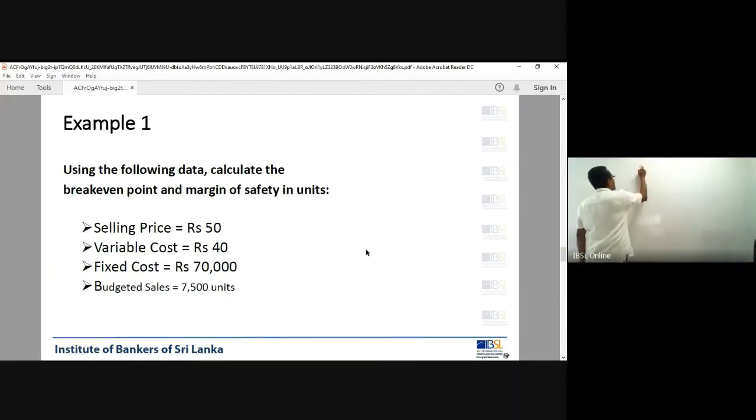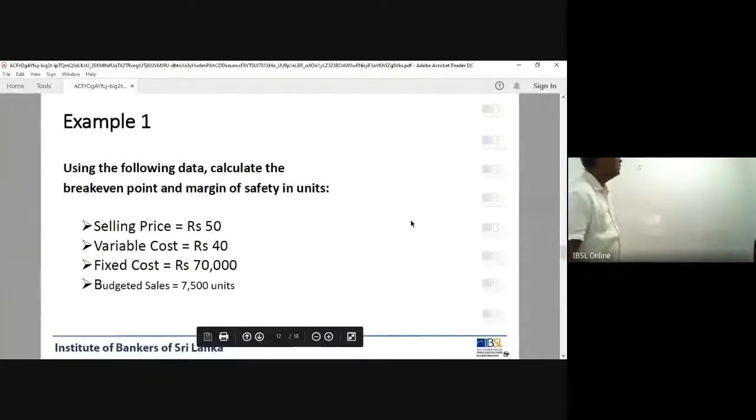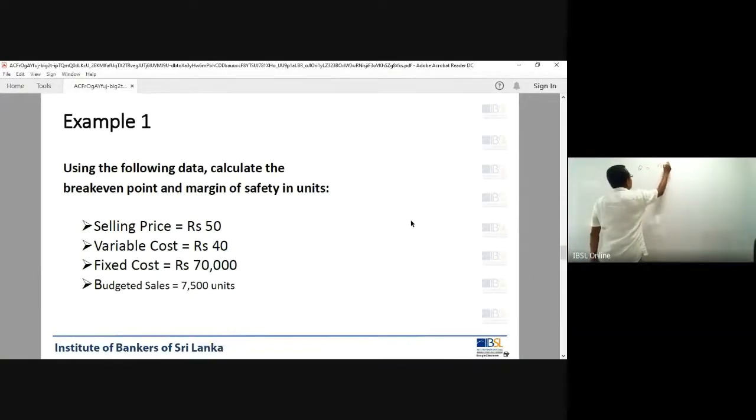So it is quantity, right? Quantity equals fixed cost plus profit divided by price minus variable cost per unit. Right? This is the form.